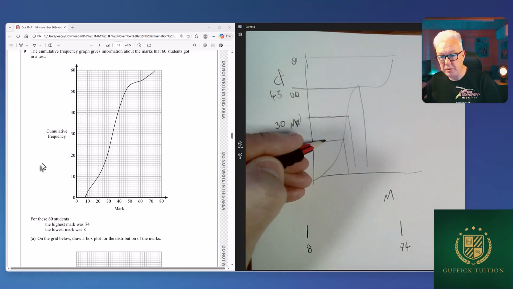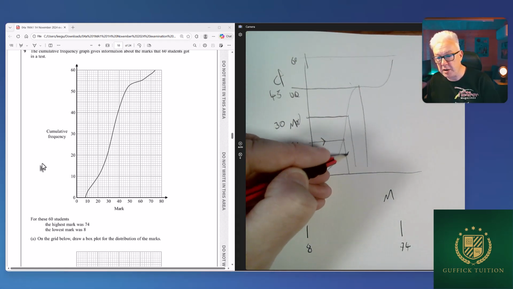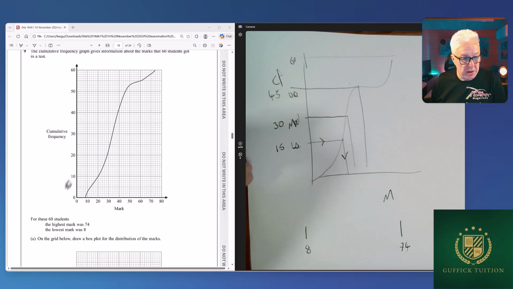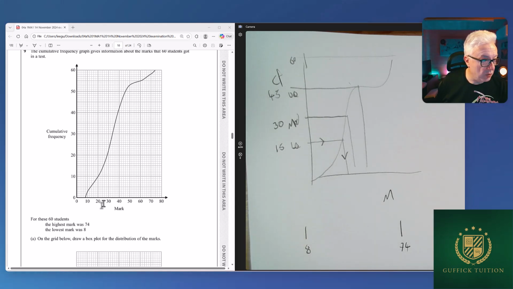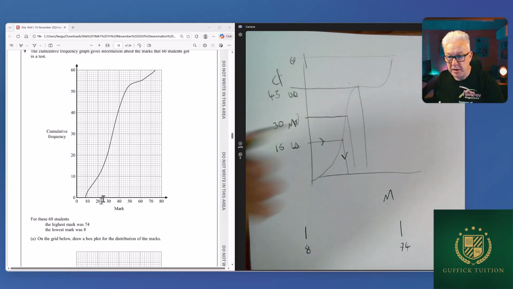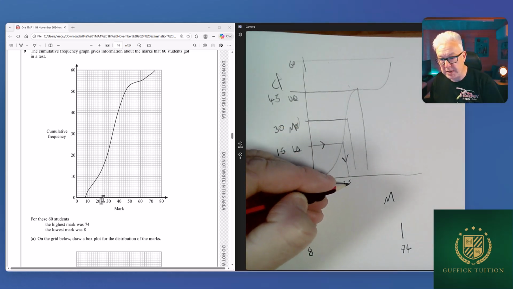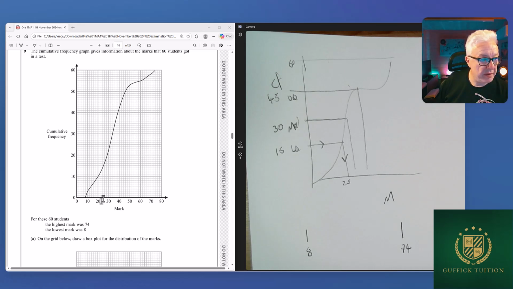So what you should do is go across at 15, go down and read off the value. What is that going to give us? It looks like about 25. So you should get a value there of 25. We do the same for the median.